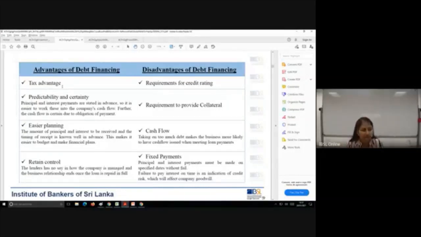You need to know that the interest that you pay for debt is tax deductible, but the dividends you pay for equity is not tax deductible. Therefore, the company can pay a lesser tax if they can borrow.